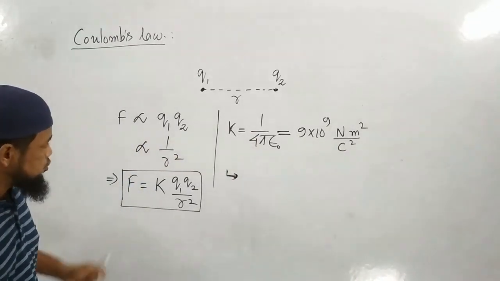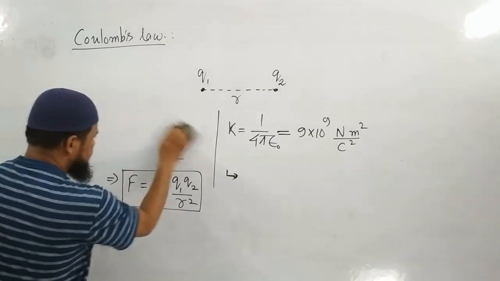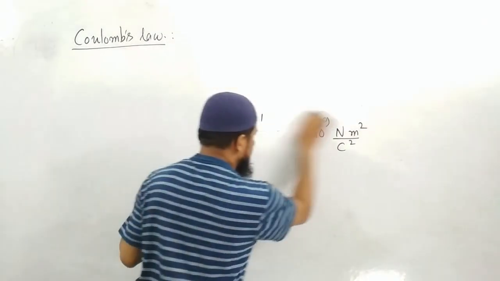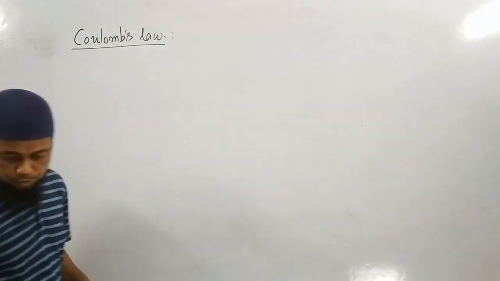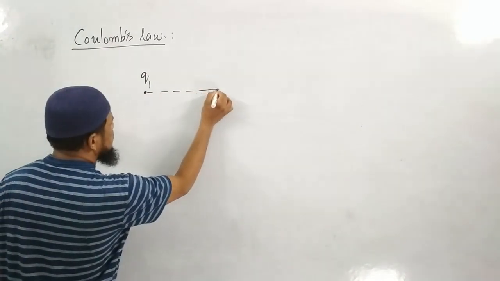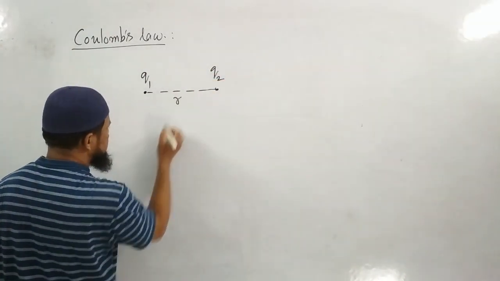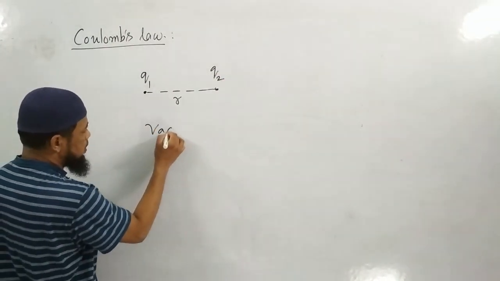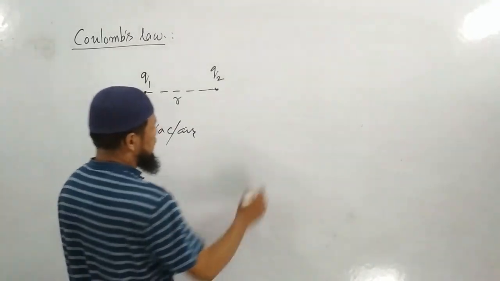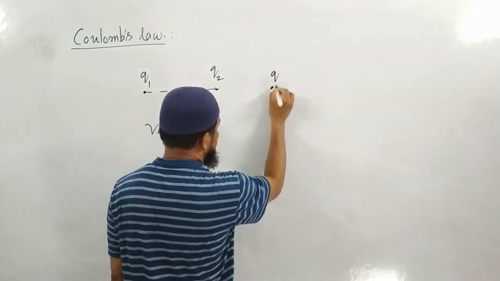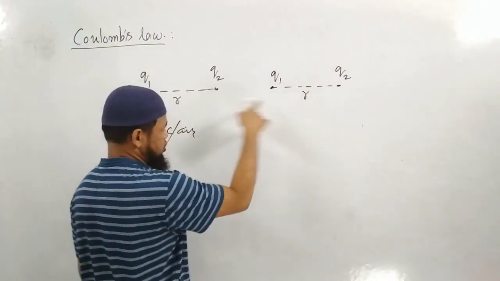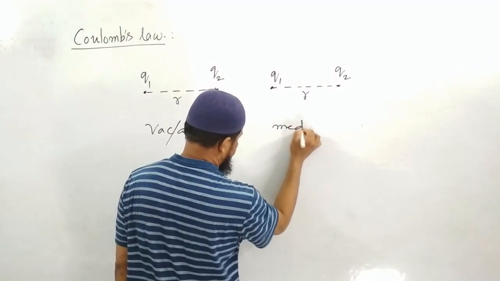Let me show you. Two point charges Q1 and Q2 separated by distance r in vacuum or air. Again, the same two charges Q1 and Q2 at the same separation but placed in a medium.